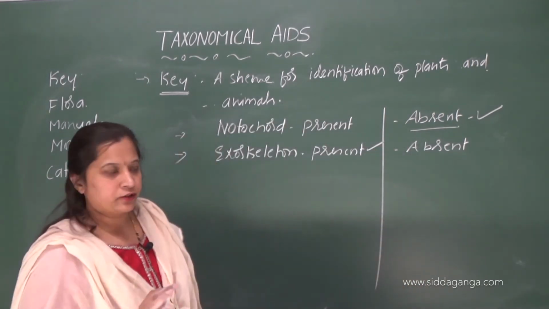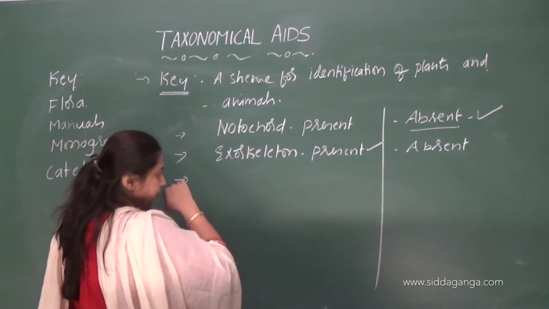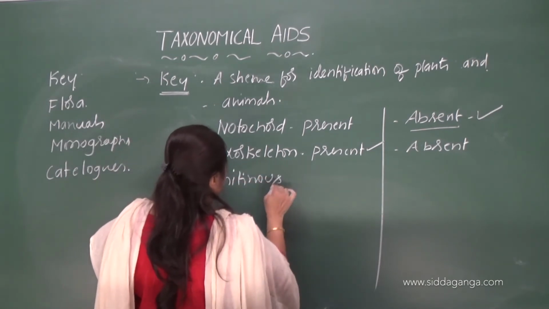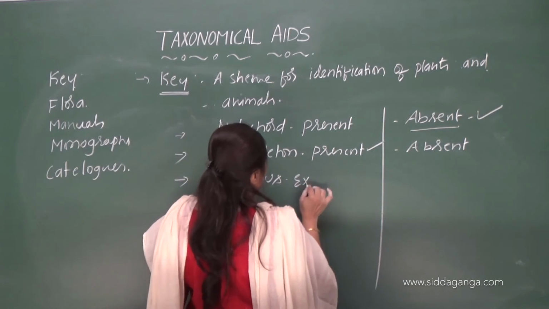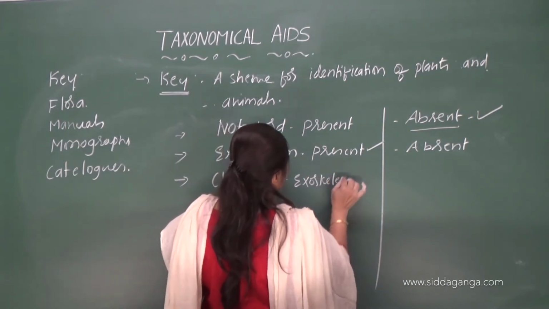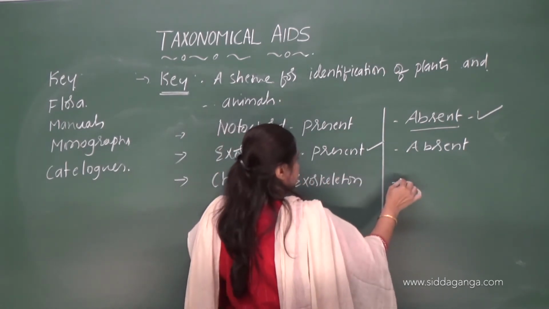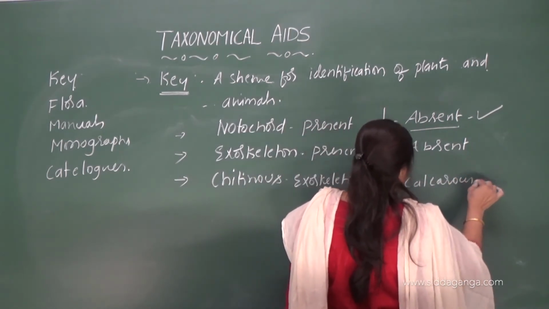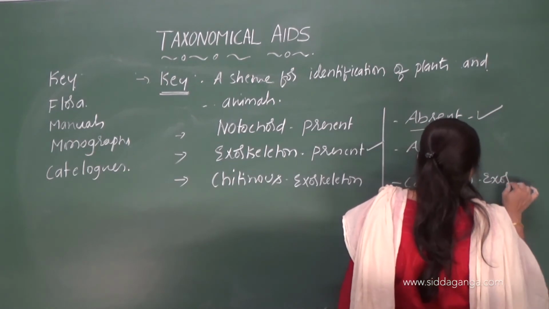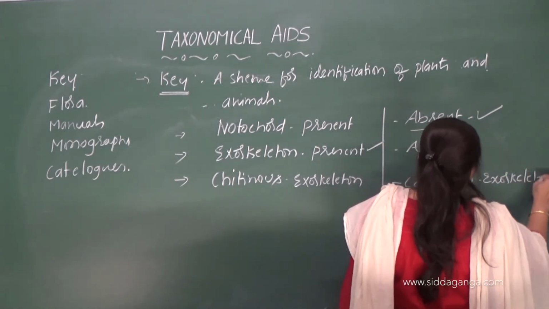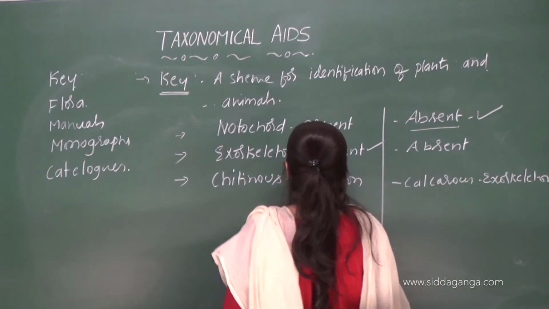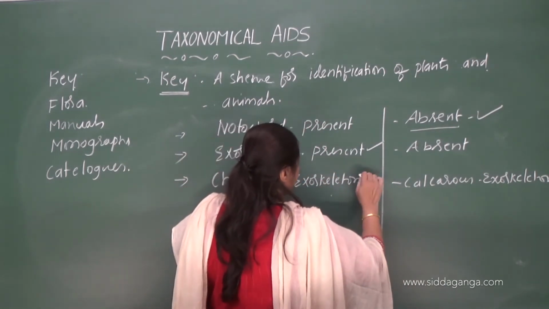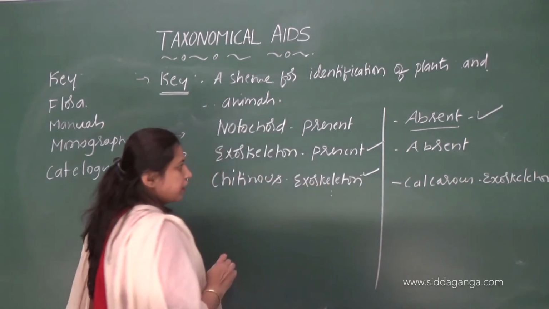If the exoskeleton is present, is it a chitinous exoskeleton or any other, like a calcareous exoskeleton? If the given animal has a chitinous exoskeleton, made up of chitin, we have to choose the correct option.